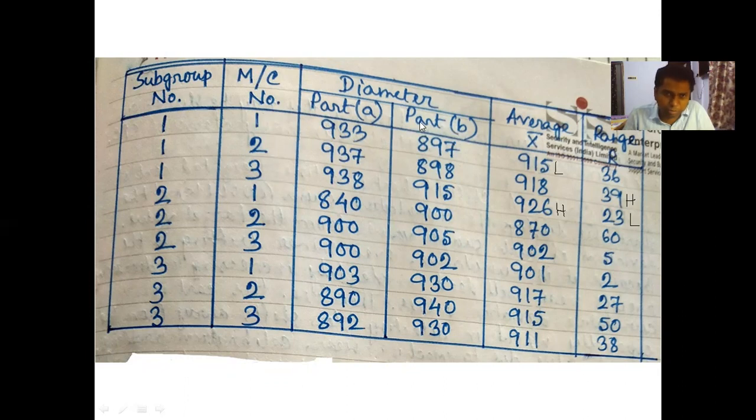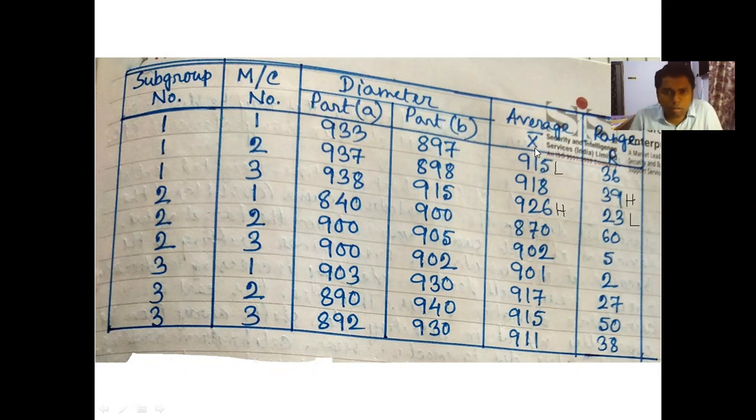If there is only one part, then you cannot find the range, so the range chart is invalid and you can only do the X bar chart. At least 2 parts need to be processed to get the R value.